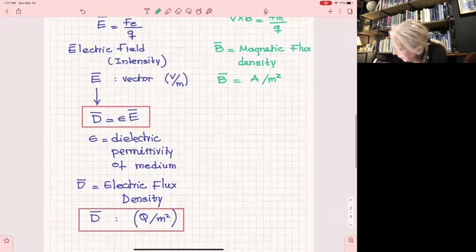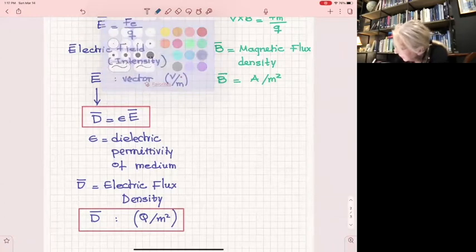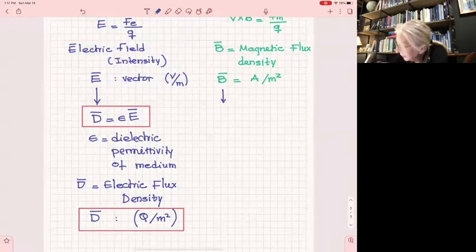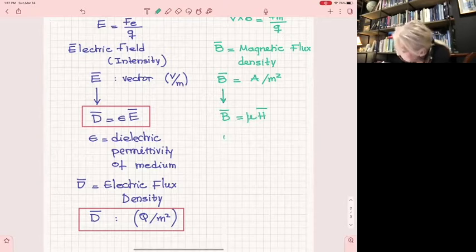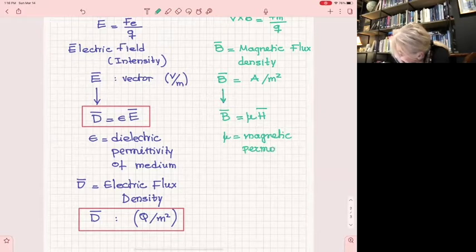From B, we define now another entity, which we call the magnetic field intensity. And the relationship that connects B to that is mu H, where mu is the magnetic permeability of the medium.